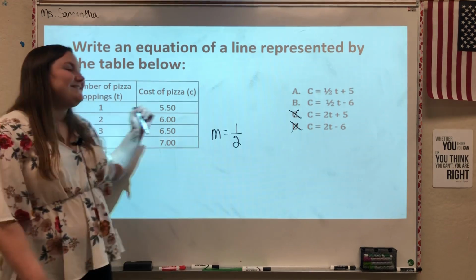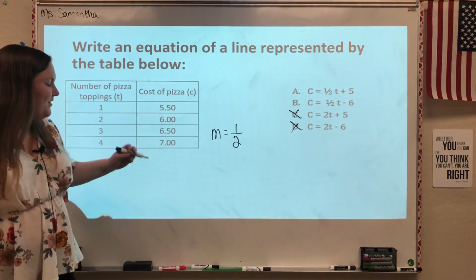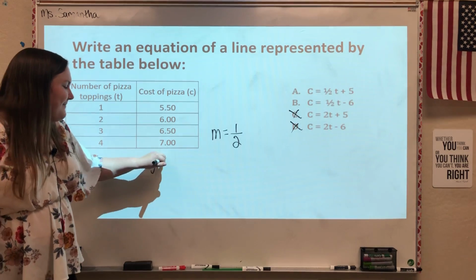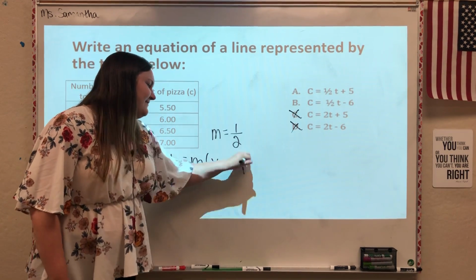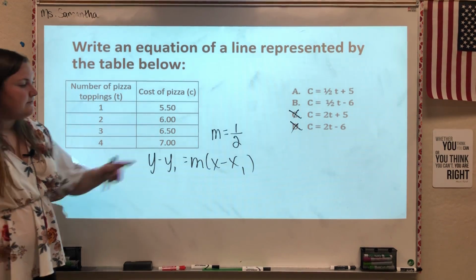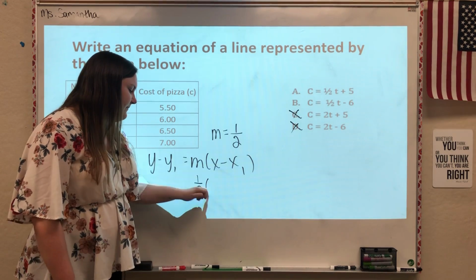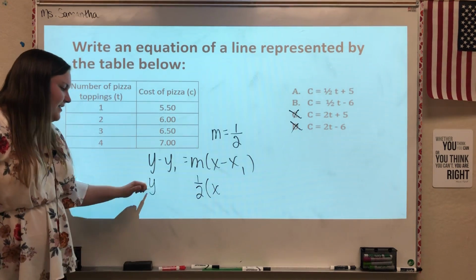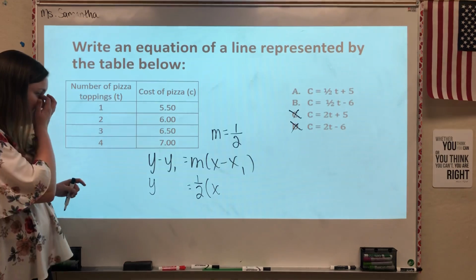If you know points and you know slope, you can write an equation using point-slope form, which looks like y minus y1 equals m times x minus x1. If I'm using that formula, I can go ahead and replace my slope with 1/2. X and y are going to stay there. It's just x1 and y1 that I need to substitute.